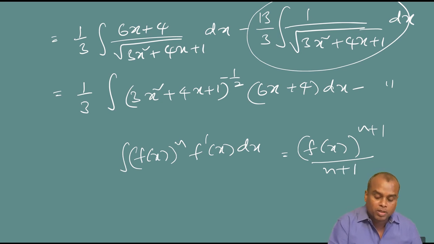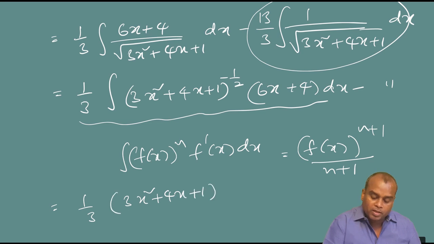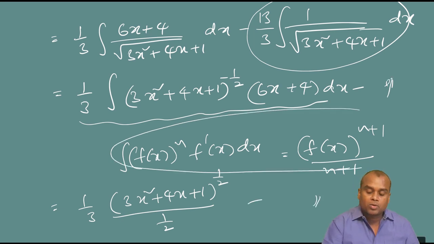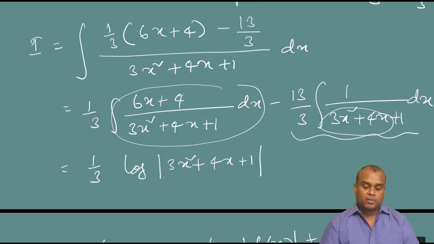So applying that formula for this part, you will have it as 1 by 3 into 3x square plus 4x plus 1 whole power n plus 1 by n plus 1. Now minus that quadratic part, whatever is there, you know how to do that quadratic part, you complete that part.